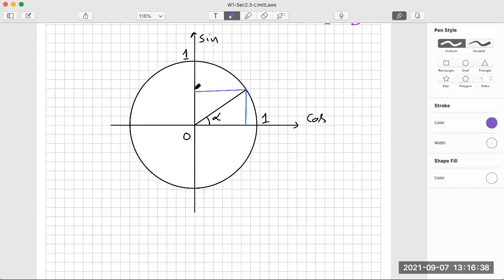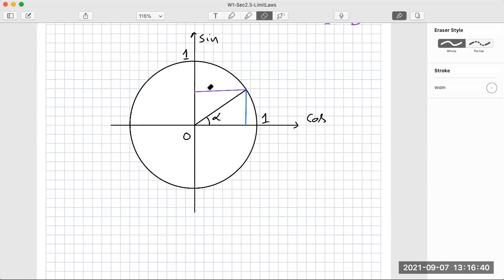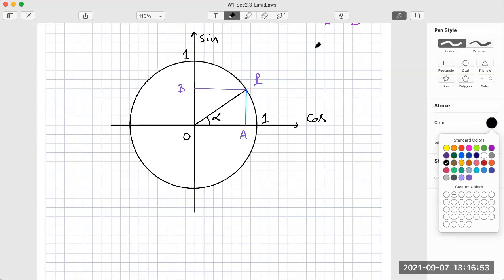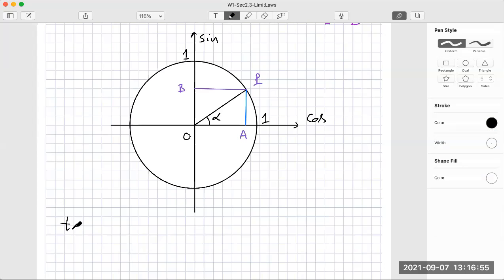The question is, what is the tangent of alpha? If this is the point P, this is A, this is B. What is tan alpha in this case? AP over OA.